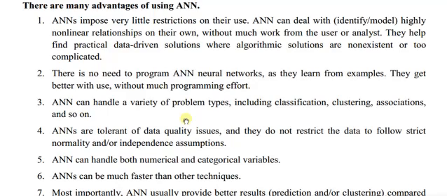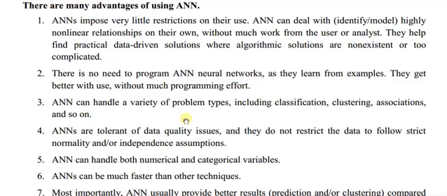They are very much tolerant to data quality issues, even though some of the values are missing or some are outliers. They can still give better results. ANNs can handle both numerical and categorical variables, which is very important.